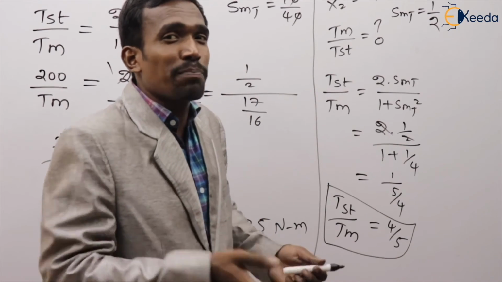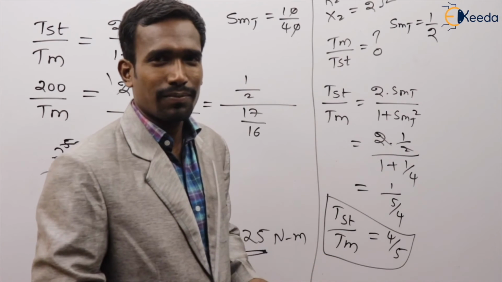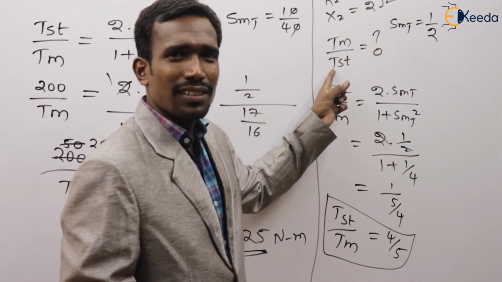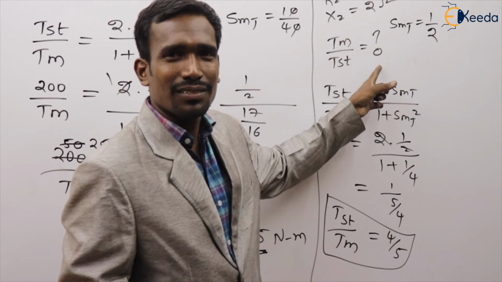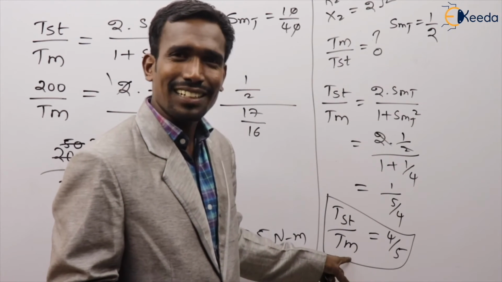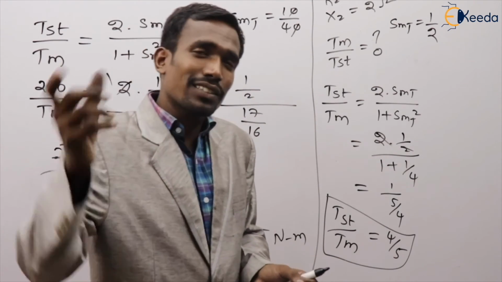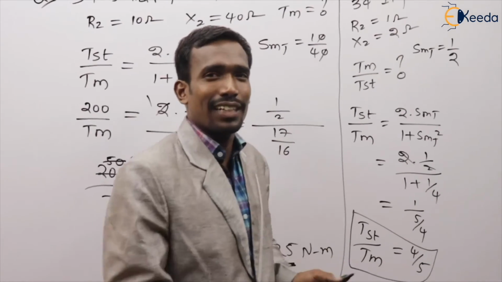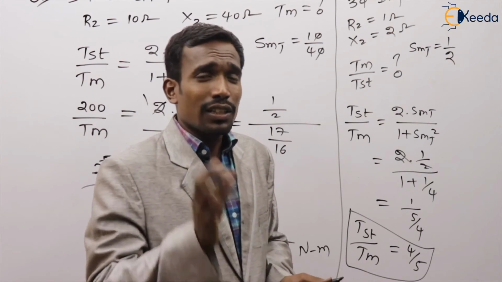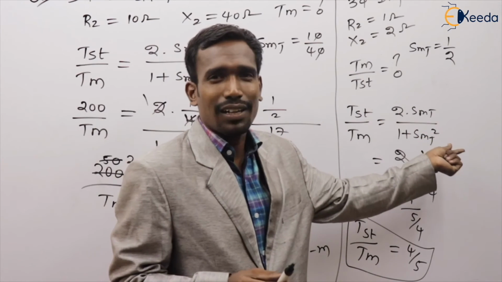People feel very happy because they got the answer 4 by 5, and they simply put that answer. But listen carefully. What did they ask? Maximum torque to the starting torque. What you did was starting torque to the maximum torque. Is it the correct answer? The question paper setters already know that people know the value of starting torque to the maximum torque.